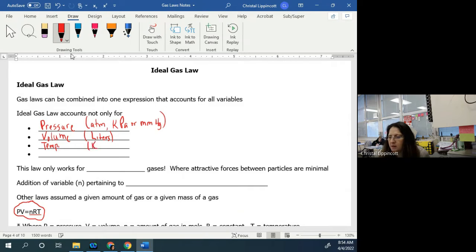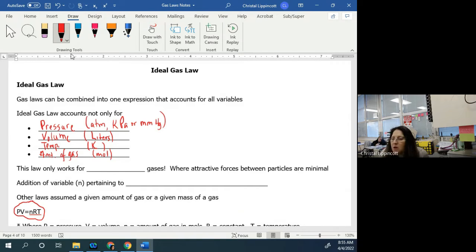And if it's not, you got to get it there. We talked about how to do that last week. And then it also accounts for the moles of gas or the amount of gas. And that has to be in moles, or it can be in grams, but you have to know the molar mass.